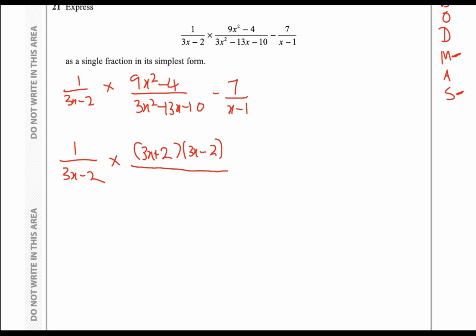When you factorize this using your calculator, a is 3, b is minus 13, and c is minus 10. This gives me answers of 5 and minus 2 over 3. So I'll just write it in the corner, 5 and minus 2 over 3. So I'd be having two factors.